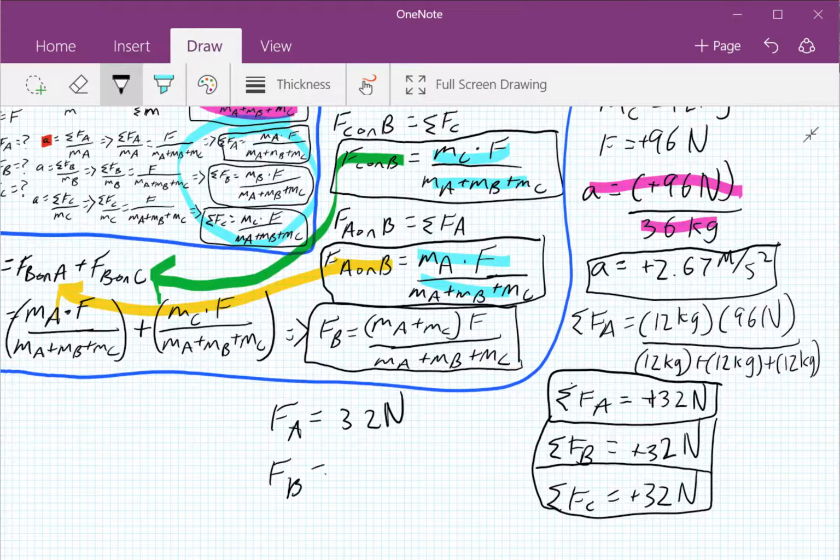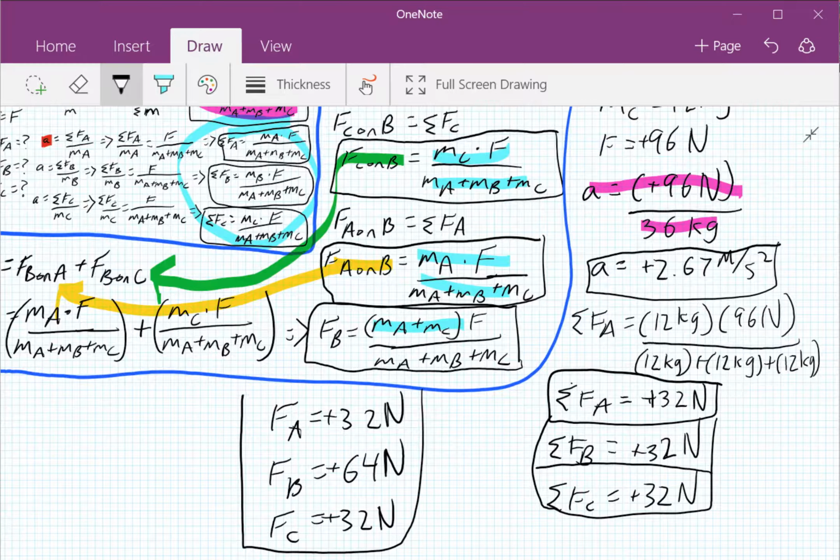F_C will be 32 newtons. So F_B would be 32 plus 32, because we said right here that they have to add. So you're going to get 64 newtons. So you have all your answers there.